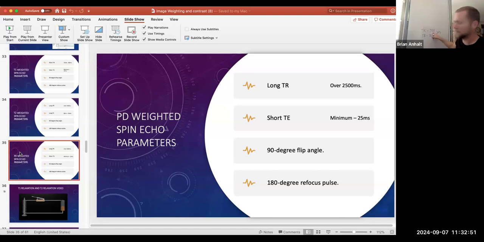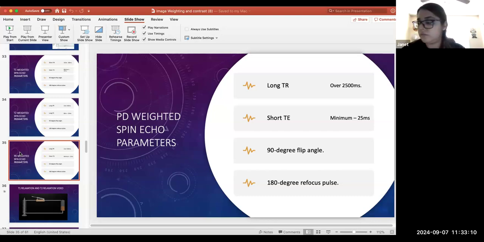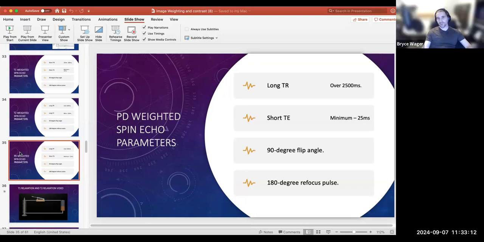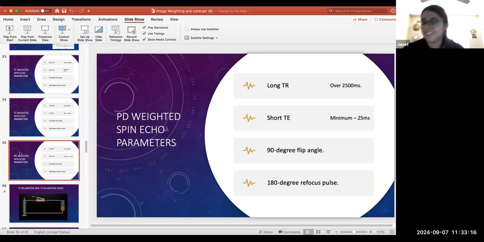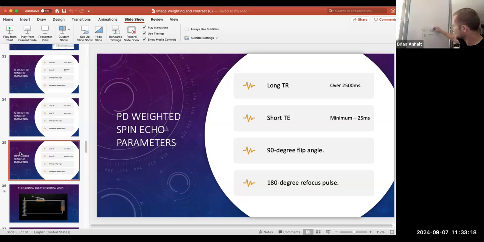Yep. TR, not allowing for full longitudinal recovery for all tissues. TE, not allowing for much T2 decay, minimizing T2 information. What do I got? T2. Sure about that? Proton density. Wait, no, yeah, proton density. I've eliminated T1 information. I've eliminated T2 information.